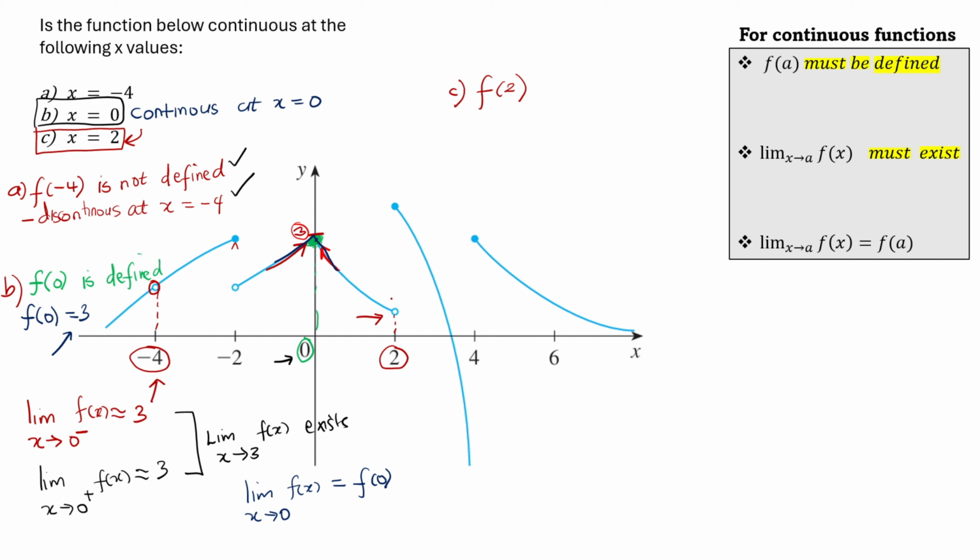It's not defined there. But if you continue going straight with x equals 2, you find a shaded circle. When the circle is shaded, remember that it means that it is defined. There is a y value. So when x equals 2 here, the y value is somewhere here. Maybe you can say it is positive 4. It's just an estimation, but basically, this is the approximate y value.